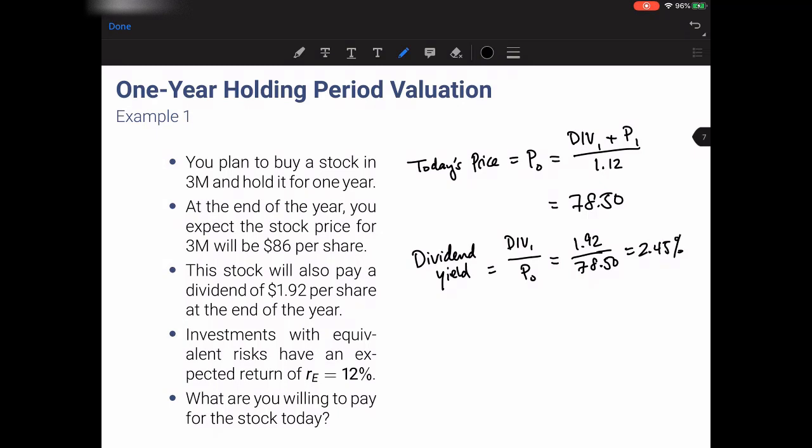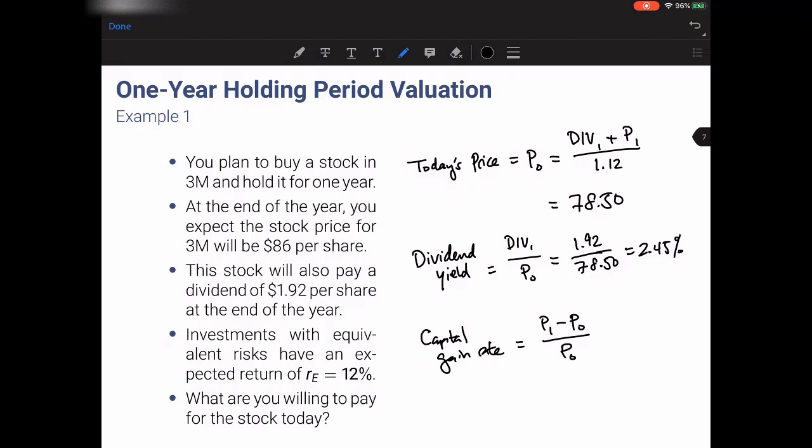All right, and the percent change in the price, we also typically have a term for that. That's called the capital gain rate, or more precisely, the stock return. The capital gain rate is equal to P1 minus P0 divided by P0, right?